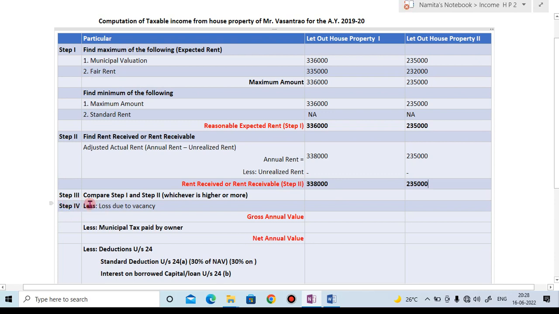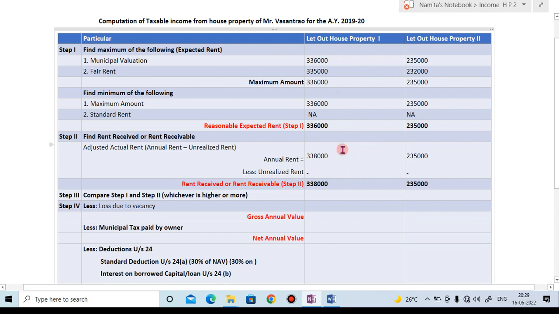Step number 3 is what? Compare step 1 and step 2, whichever is more or higher. That means we have to observe step number 1 and step number 2 and take the amount whichever is higher.